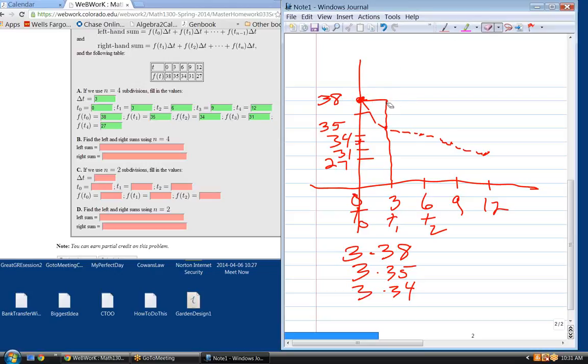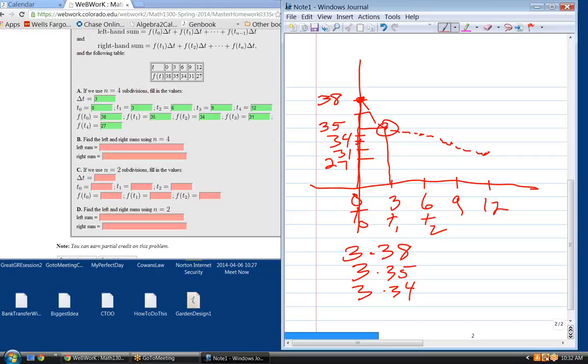If I'm going to use right hand, the first rectangle is 0, because I'm using right hand. In other words, the first rectangle is a straight line, but the second rectangle uses the second right hand endpoint right there.